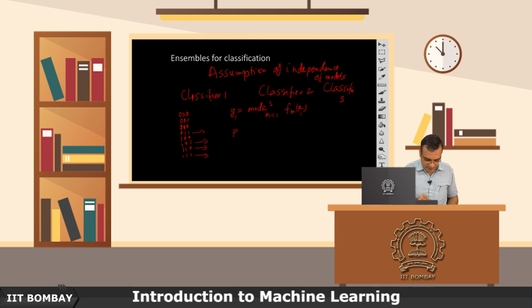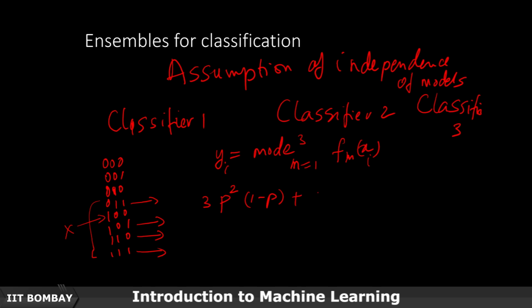So for these 4 out of the 8 possibilities, the probability that we will have the correct answer is, we have 3 cases where we have 2 of them correct: P squared times 1 minus P, times 3, plus P cubed. So long as each classifier does slightly better than chance, this is going to be greater than P.